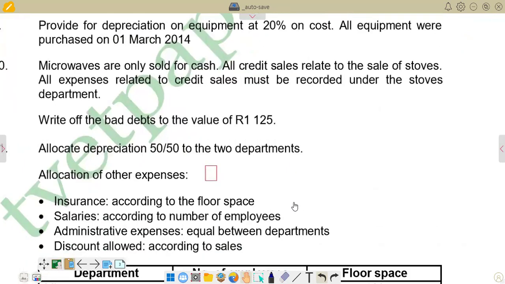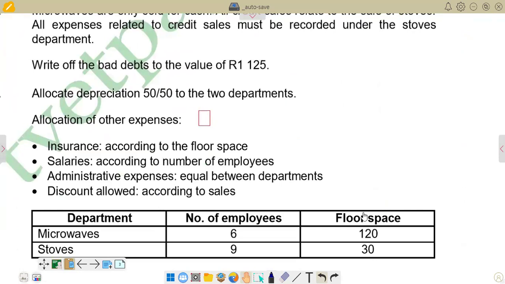See here that insurance is allocated according to floor space. And the floor space is given beneath this, which is 120 and 30. So basically, microwaves and stoves. The microwaves is 120 for floor space, and then stoves we've got 30. So you can just make a ratio according to this proportion.